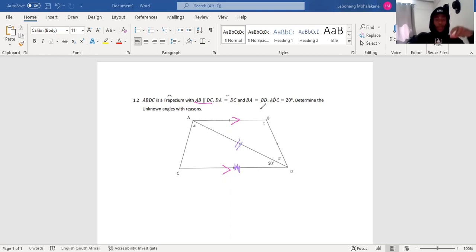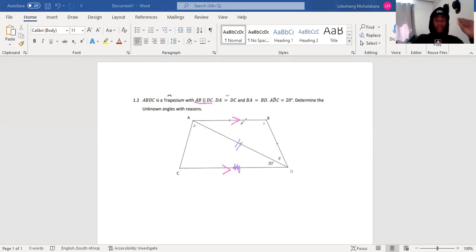So I want you to think of something. If you are ever given a property or a condition, our condition here is that AB is parallel to CD. So in conclusion, I should look for alternating angles, co-interior angles, as well as corresponding angles.